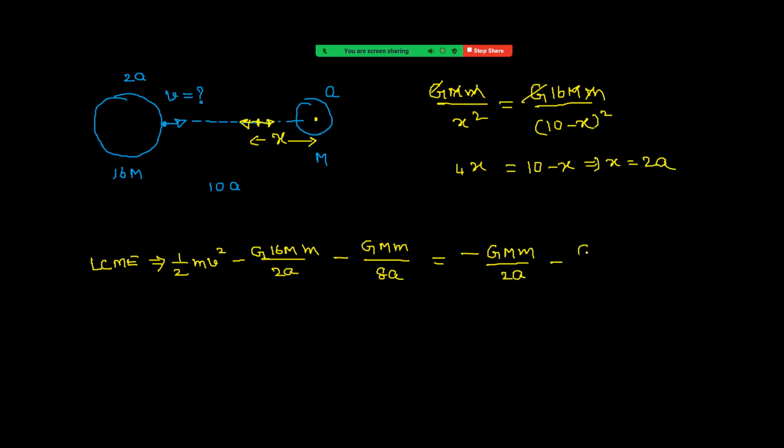Next, because of the bigger one, G 16M m by separation equal to 8A. Now we have to solve this one.